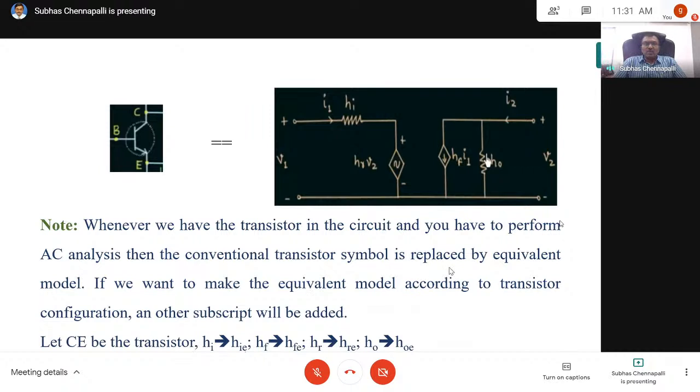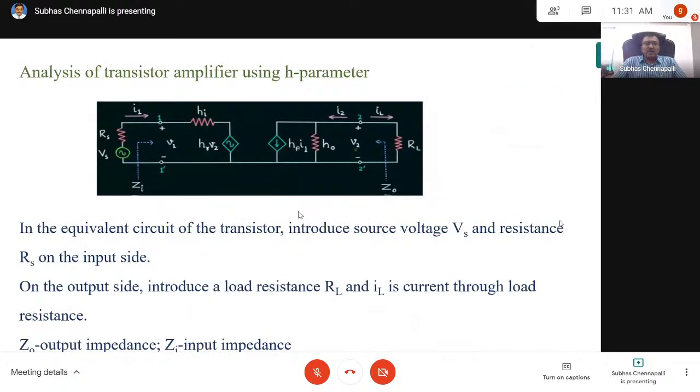Now we do the AC equivalent circuit, the analysis of a transistor amplifier using the H parameter model. This is the transistor, and this is the load resistance. When we have drawn the AC equivalent circuit, keeping the transistor symbol as it is, we have an RP here. For analysis, you can take it very high, so you can open it to make the analysis simpler.